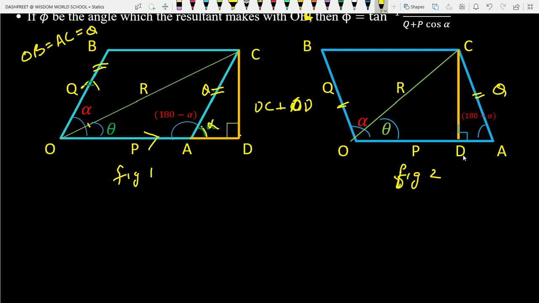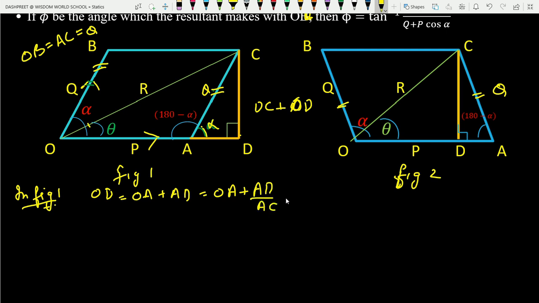In figure 1 we have OD, which can be written as OA plus AD, and which can be further written as OA plus AD divided by AC into AC.